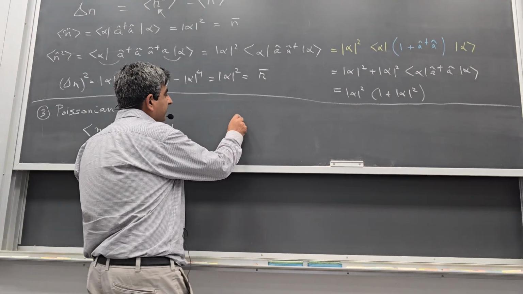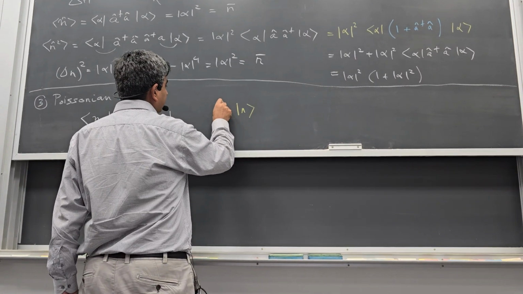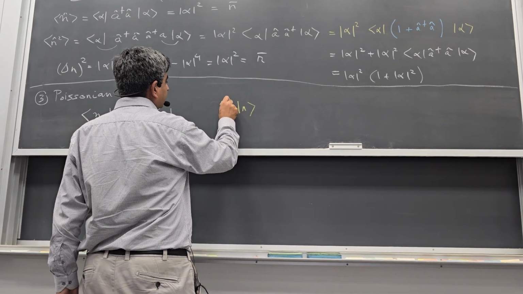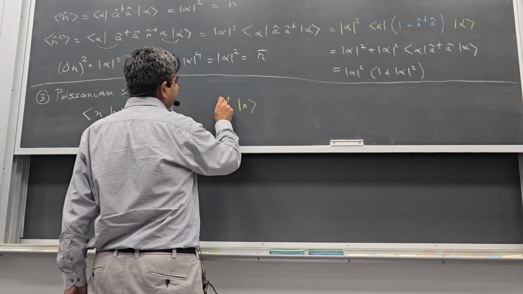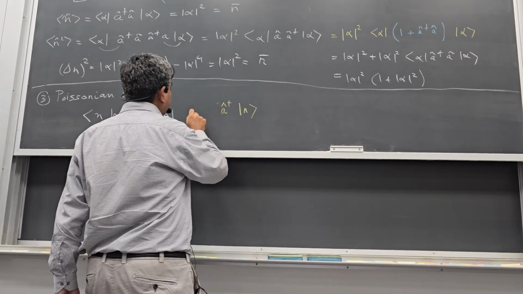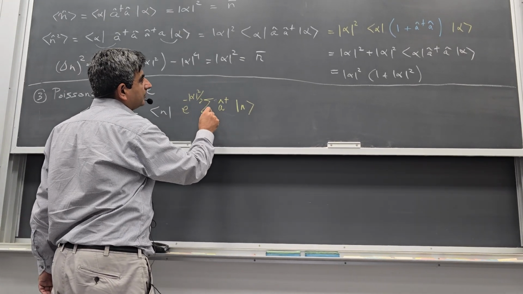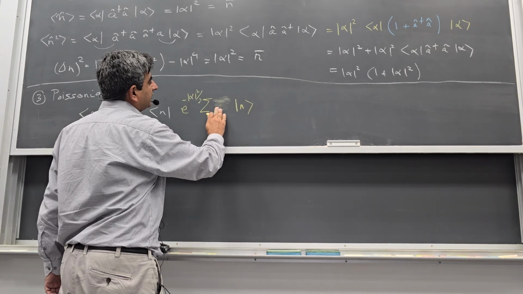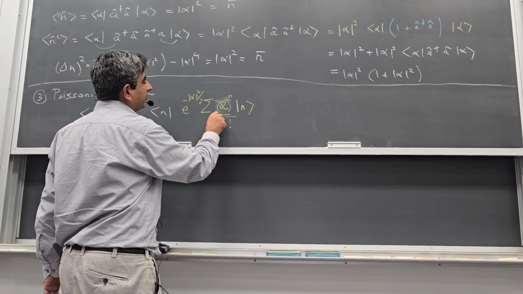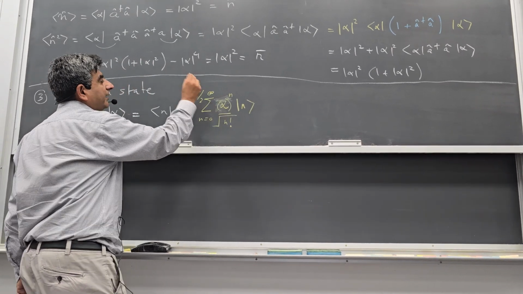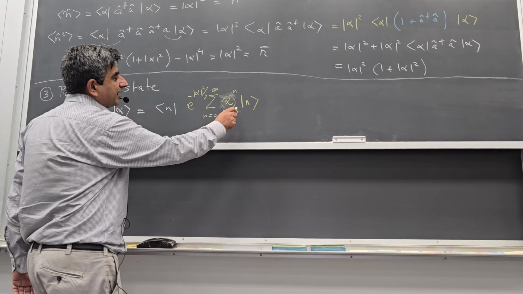The coherent state is given by e to the minus |alpha| squared over 2, sum over n of alpha to the n over the square root of n factorial, ket n, from n equals 0 to infinity. Right? So this is our expression for the coherent state. Now I want to change the variables, that means n prime.